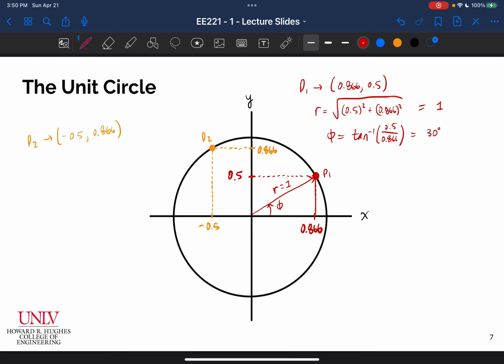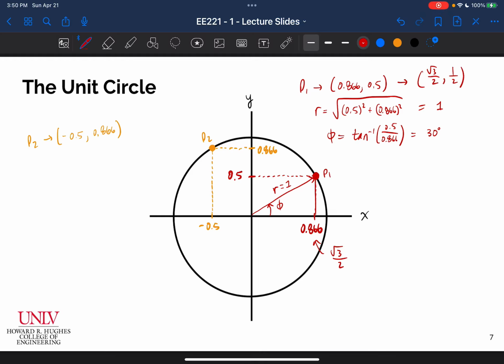And so the reason why I picked 0.866 is because that is equal to root 3 over 2. And so I could have written my points' x, y coordinates in fraction rather than in decimal, which would have been root 3 over 2 in the x direction and 1/2 in the y direction.